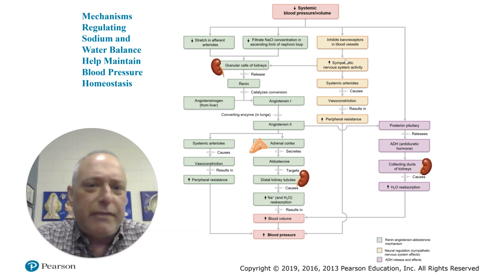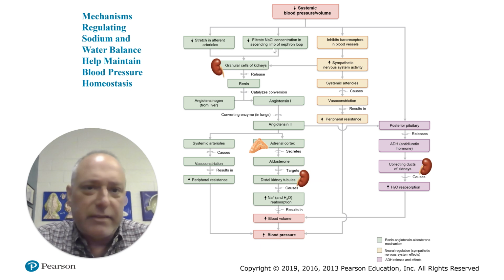You also have your baroreceptors with decreased blood pressure. They're going to stop firing, and the result is going to be increased peripheral resistance. We have action on the posterior pituitary with antidiuretic hormone to reabsorb water.